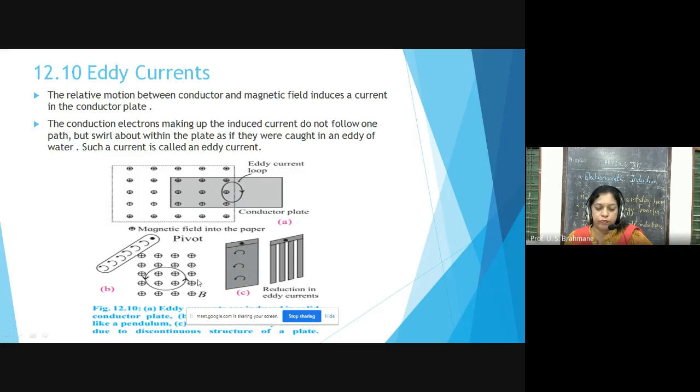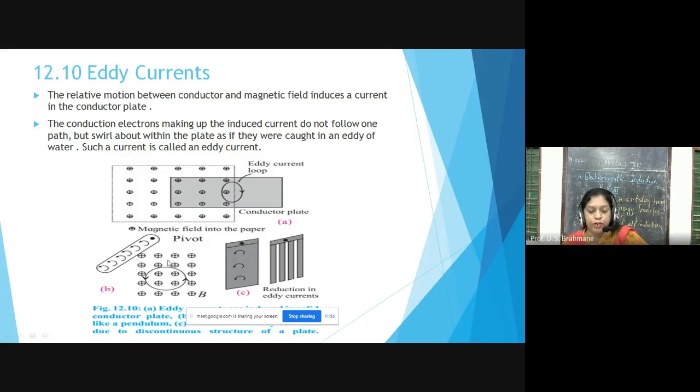Now what happens because of these eddy currents? See here, if this is pivoted, fixed at one point, and you just move it, every time it moves like a pendulum, the mechanical energy is transferred into heat energy.